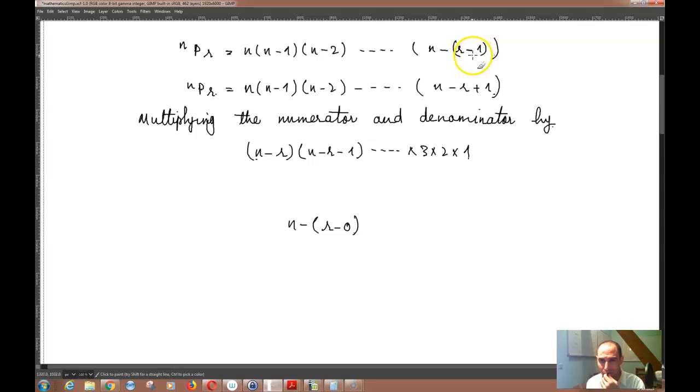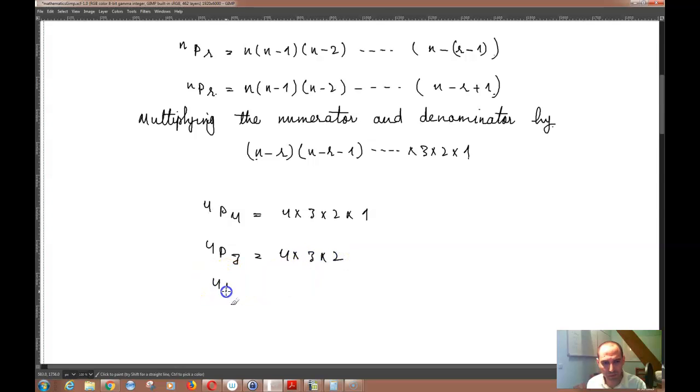Because as you're going towards these, see over here what happens is that as we write, for example, 4 permutation 4, that was the same thing as 4 times 3 times 2 times 1. 4 permutation 3 was the same thing as 4 times 3 times 2. 4 permutation 2 was the same thing as 4 times 3, and 4 permutation 1 was the same thing as 4.